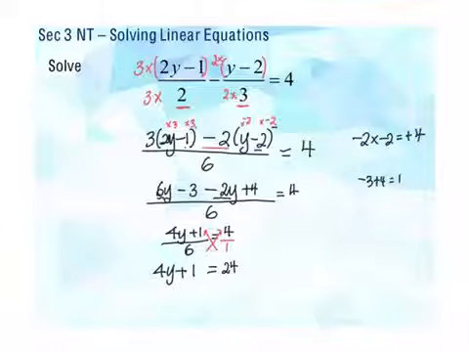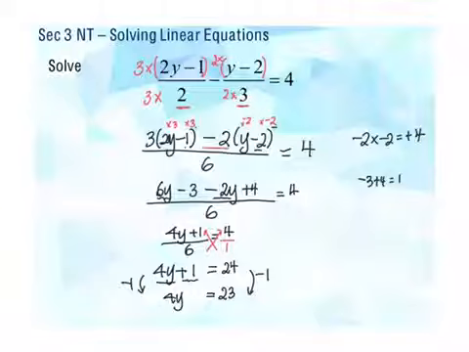Now we want to find y. We'll need to get rid of 1. So this one here is plus 1. How do we get rid of plus 1? We'll need to minus 1 on both sides. We will have 4y to be equals to 24 minus 1 will give me 23.